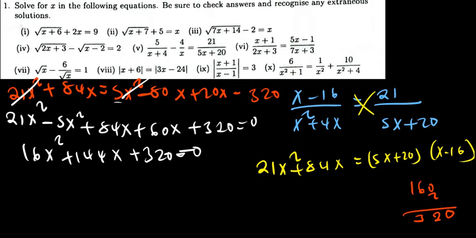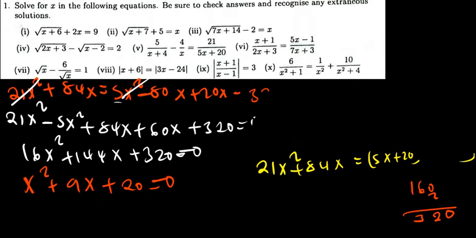I think 16 can go into 144 and 320. So 16 into 16 is 1, so I'll say x squared. 16 into 144, it should be 9, because 9 times 16 is 144. So it's going to be 9x plus 16 into 320, just say 16 into 32 is 2, meaning 20, is equal to 0. I've reduced this now into this simple equation.